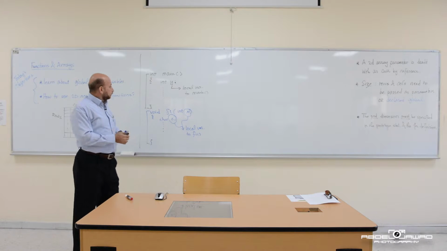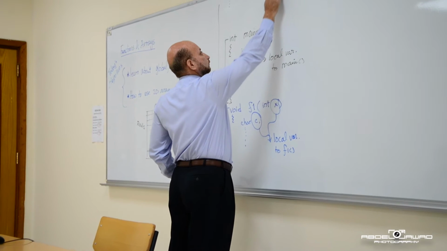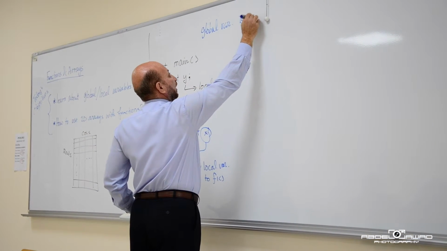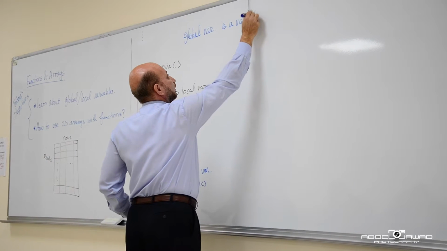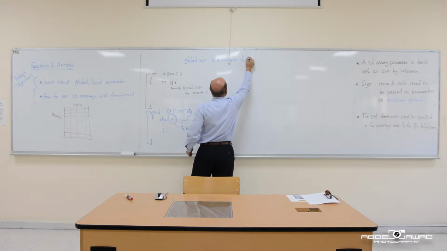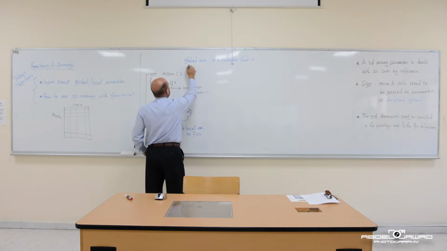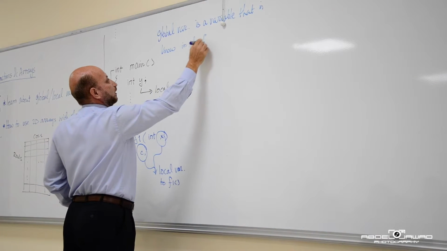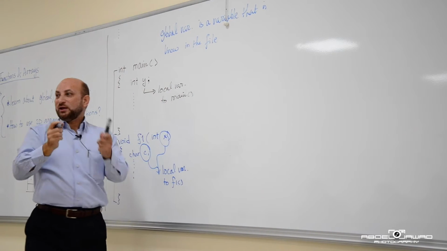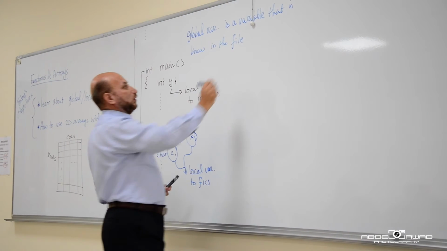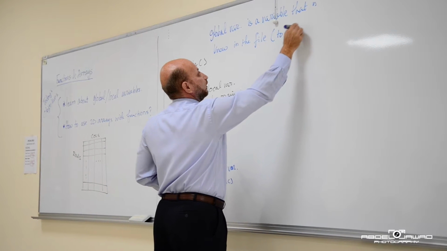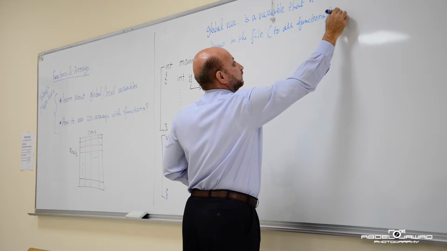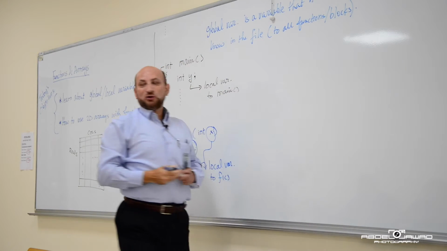So a global variable is a variable that is known in the entire file, to all functions and blocks. That's the meaning of a global variable.